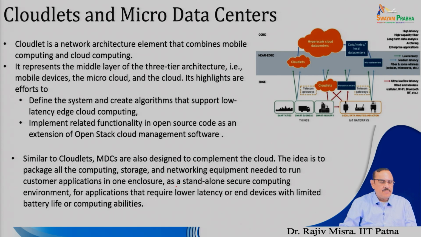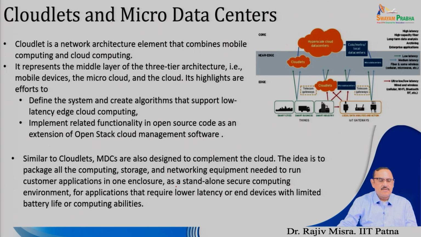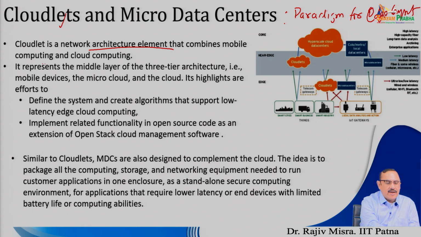So, the first paradigm is cloudlets and micro data centers, which is a paradigm for edge computing. A cloudlet is a network architecture element that combines mobile computing and cloud computing.